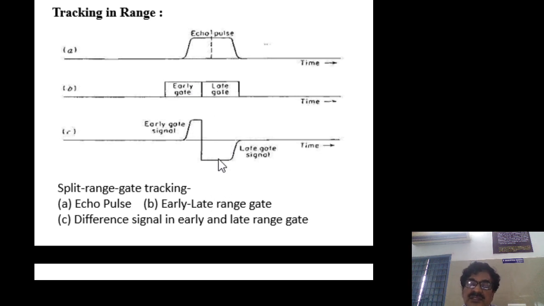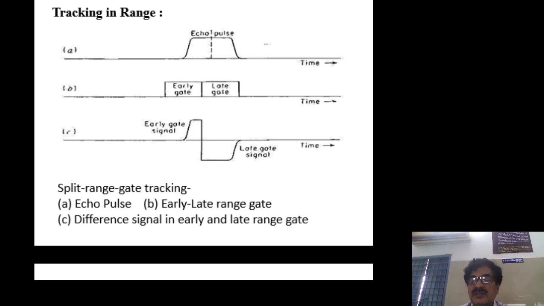If you subtract these two, you get some residue that is helpful to change the on and off times of these gates, so that the alignment between the centers of the gates and the echo pulse is achieved. Like that, tracking using range data can be done.